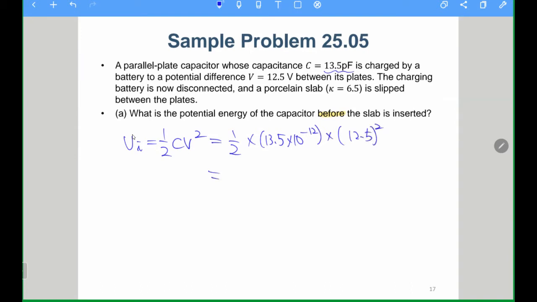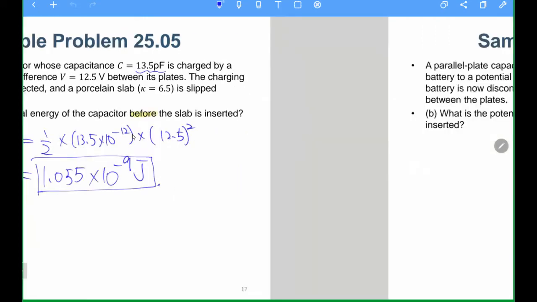So this is 1.055 times 10 to negative 9 joule. This is the answer for part A, which is very trivial.